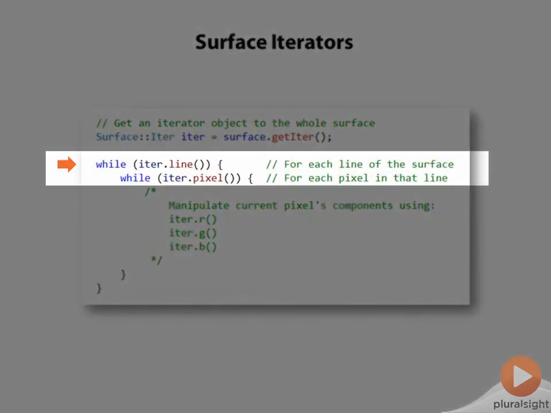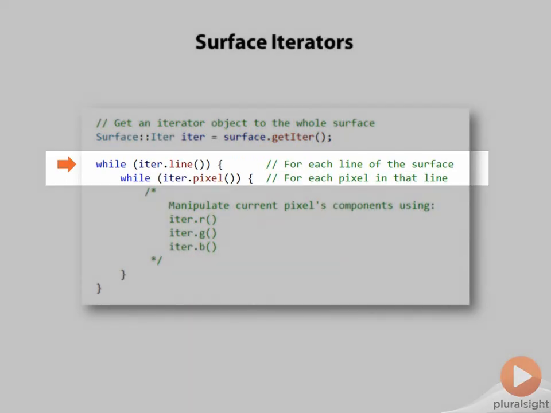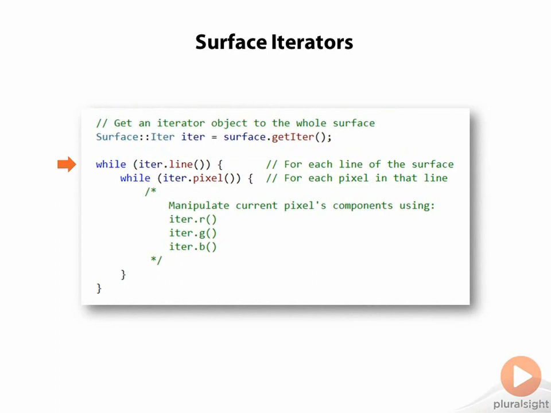The iteration process is made by 2 nested while loops. The outer loop iterates through each horizontal line of the surface. It starts from the first line, then it goes to the second row, the third row, and so on, for each horizontal line in the surface.